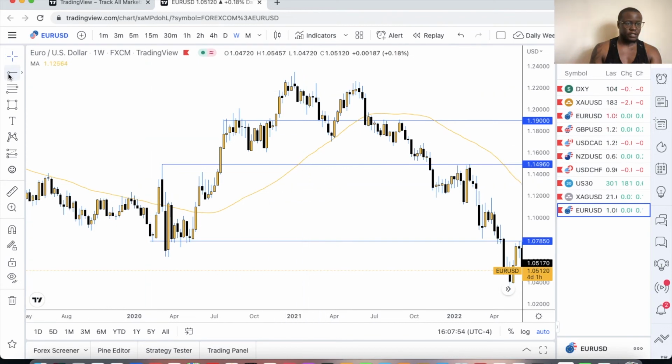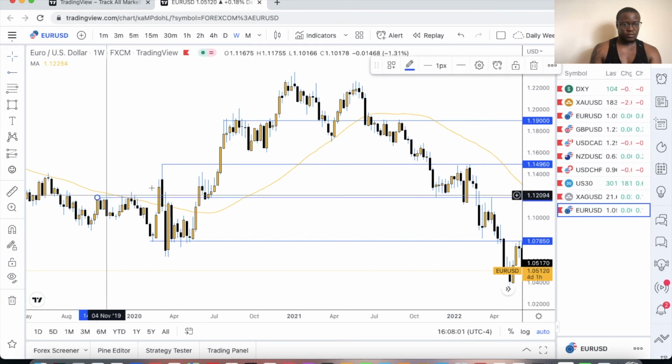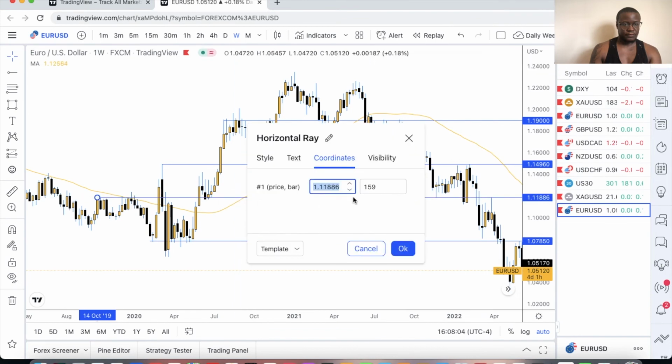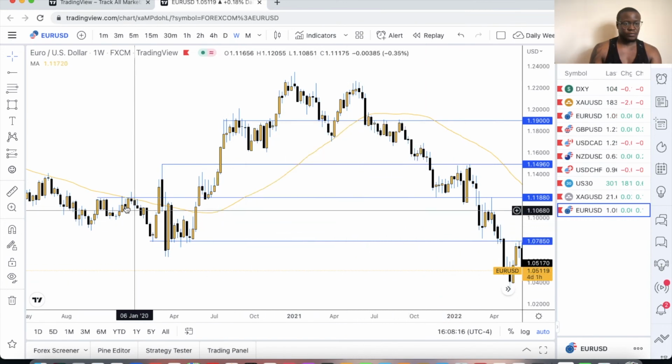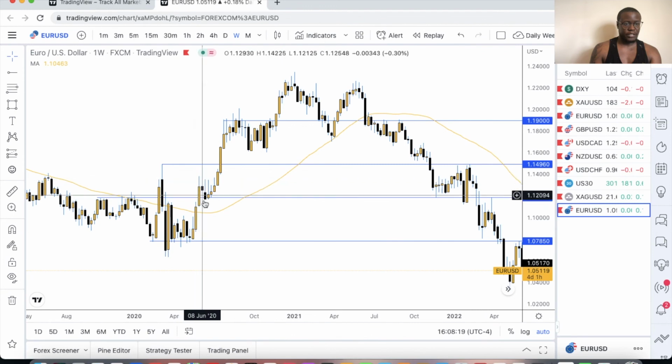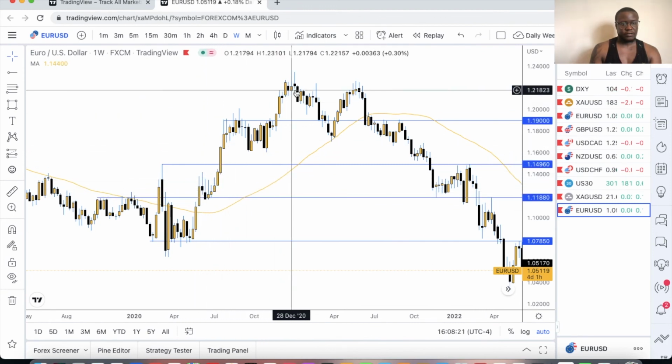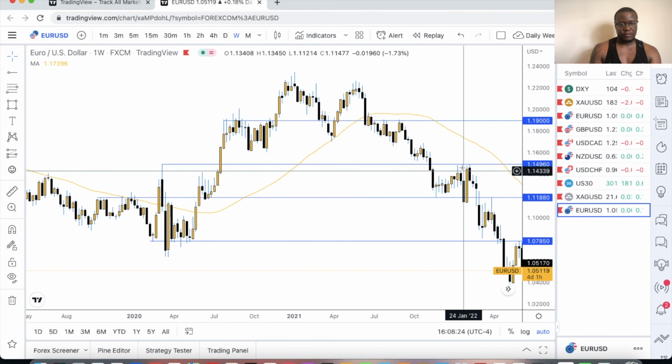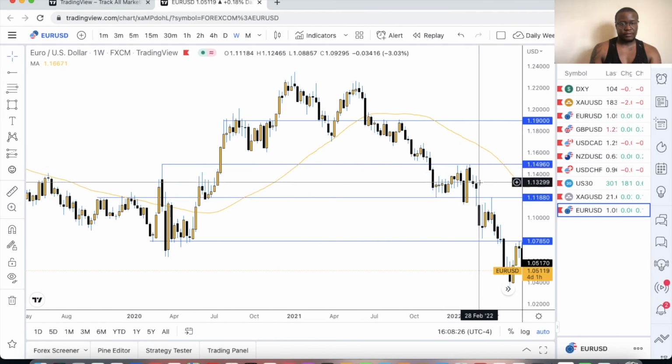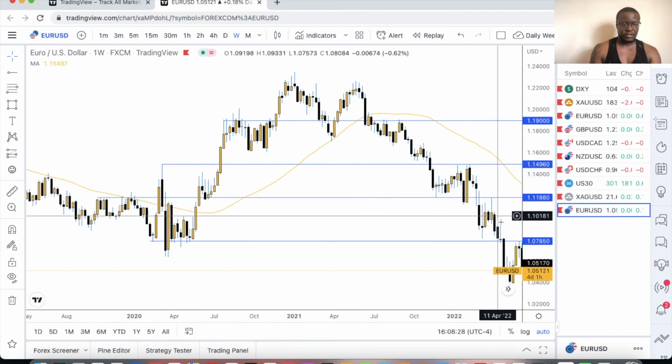Got major support right here as well. We broke it. We tested right here. And eventually came back down. Bounced off it. Broke it. Retested once again.